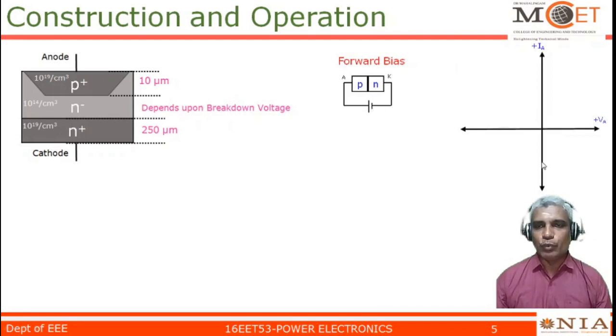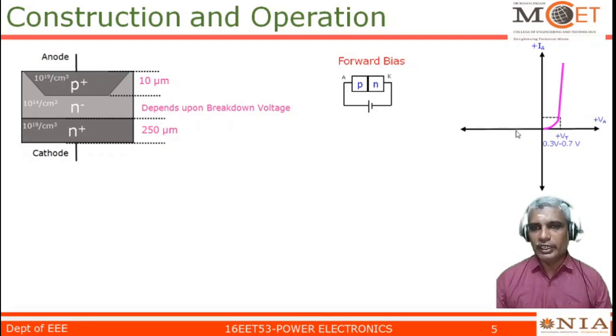Slowly, if I increase the voltage to a particular voltage, the threshold voltage, the current rises sharply, which means the diode has started conducting. This is what I mentioned earlier: 0.3 volt for a germanium based device and 0.7 volt for a silicon based device.